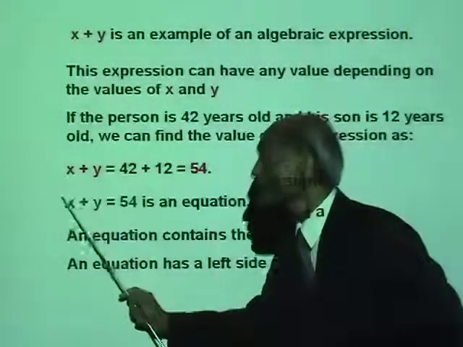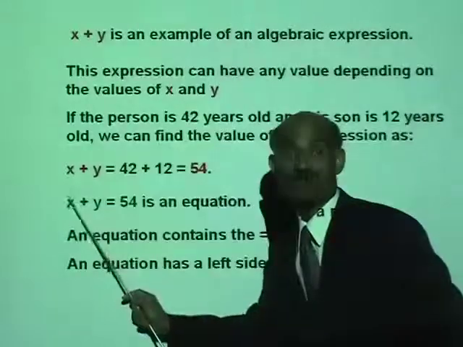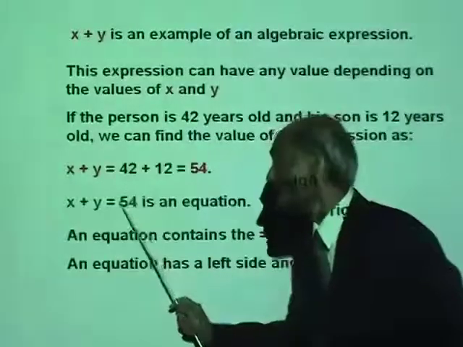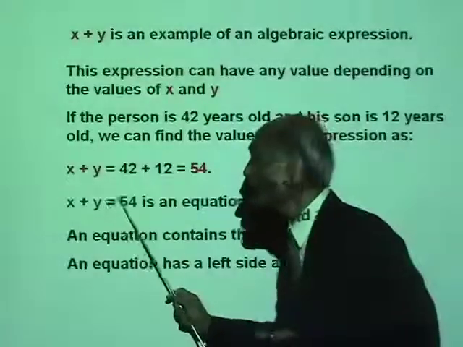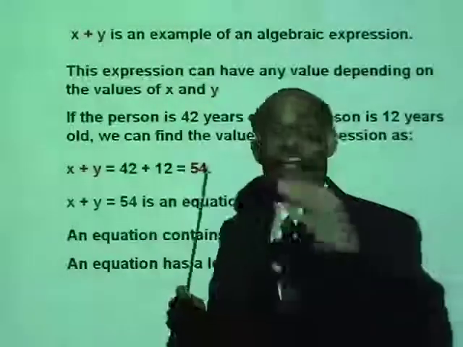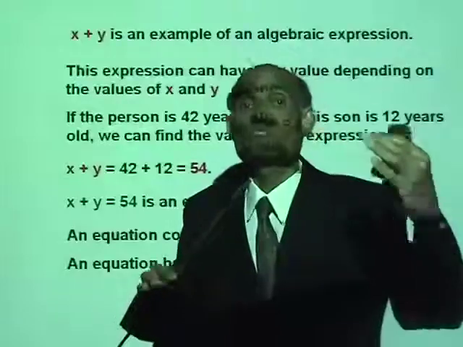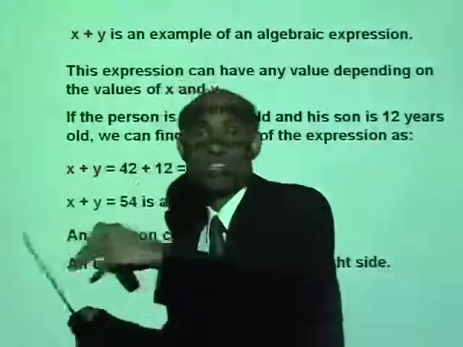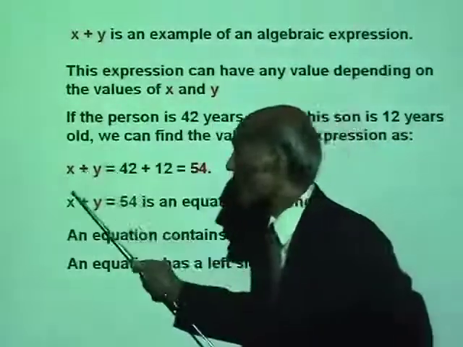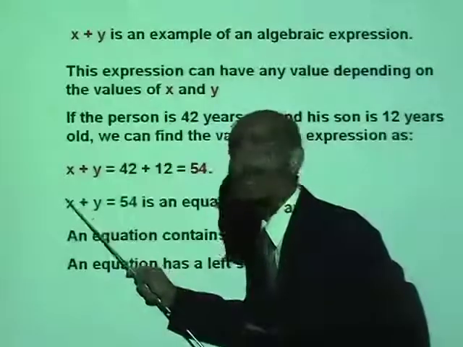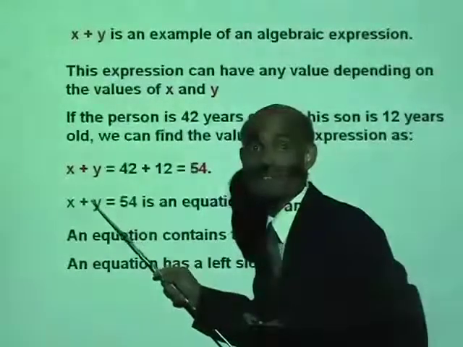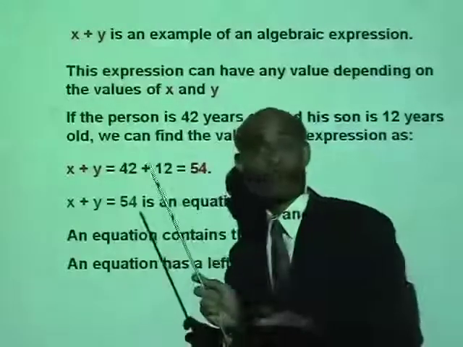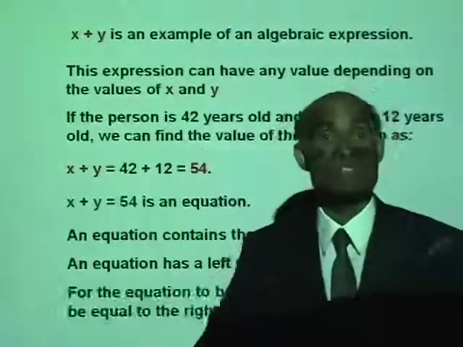The left side of this equation is x plus y, and the right side is 54. And the equal sign says that the left side is the same as the right side. In other words, add the age of the person to the age of his son, you will get 54. That is what the equation tells you.